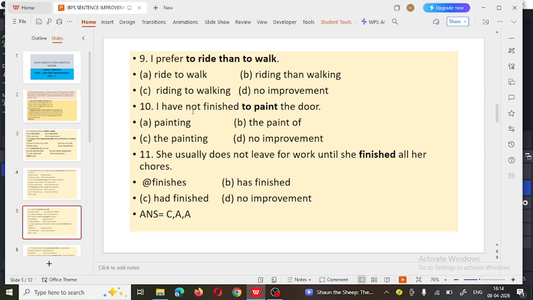Next, I have not finished to paint the door. I have not finished. And what have I not finished? To paint the door, or painting the door, or the paint of door, or the painting of door. Article the used with painting is not necessary here.